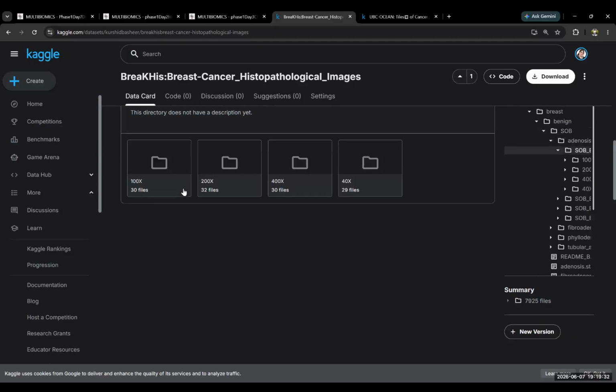For adenosis inside, okay, I'll go back now. So inside SOB, you have got adenosis, fibroadenoma, phyllodes tumor, and tubular adenoma. If I open adenosis, I have got some labels like A14, 22549. So these are patient labels. Okay, so we can understand that these are coming from different patients.